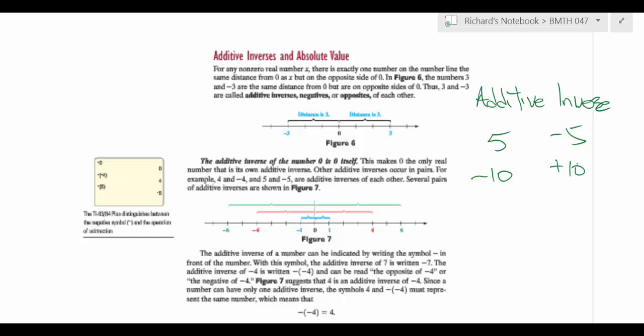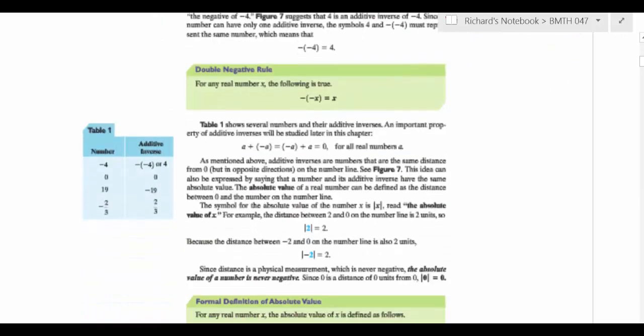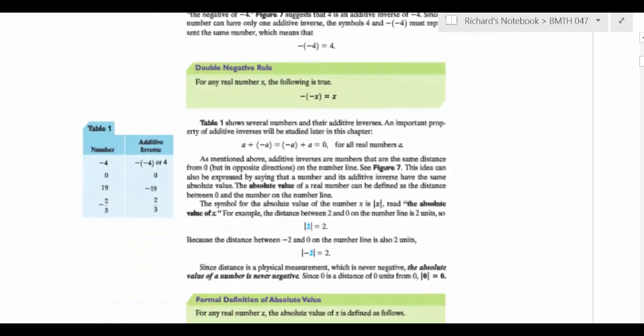Now, the other thing they talk about is absolute value. Absolute value means how far a number is from 0 on a number line. In your textbook, they'll have an example where they say the absolute value of 2 is 2. Locate 0 on the number line, then locate the number 2.